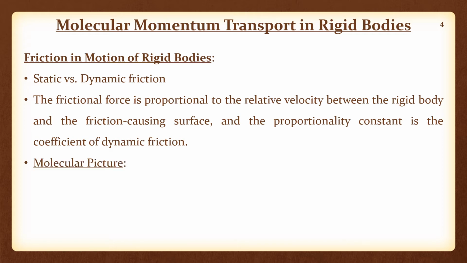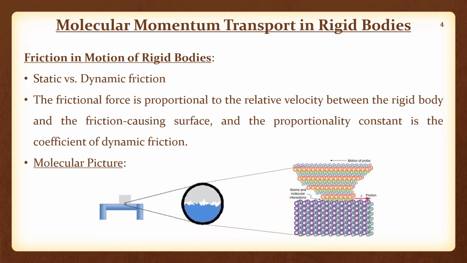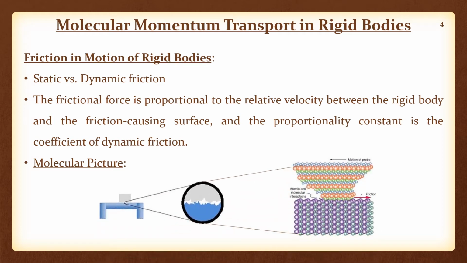If you were to look at a molecular picture of this momentum, this friction, basically what is happening is that if you were to zoom in, there is one substance that is moving, and then there is an underlying substrate at the bottom, purple colored.